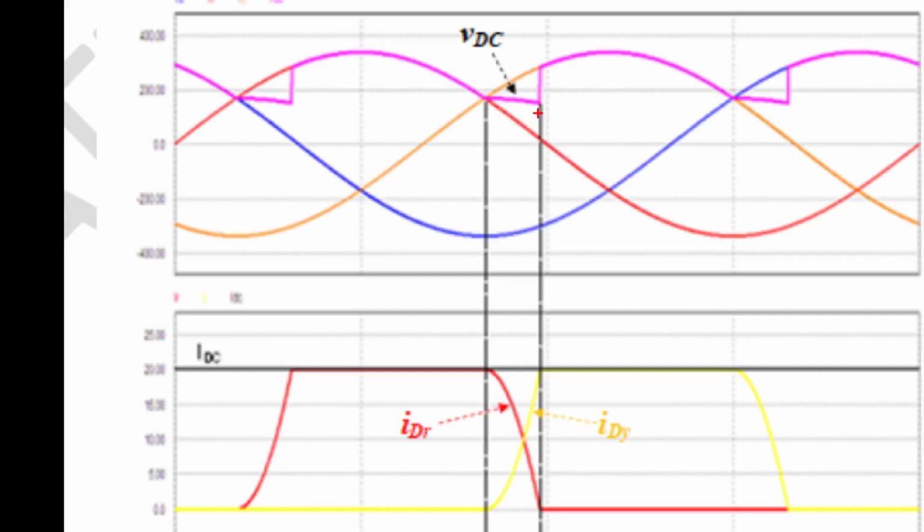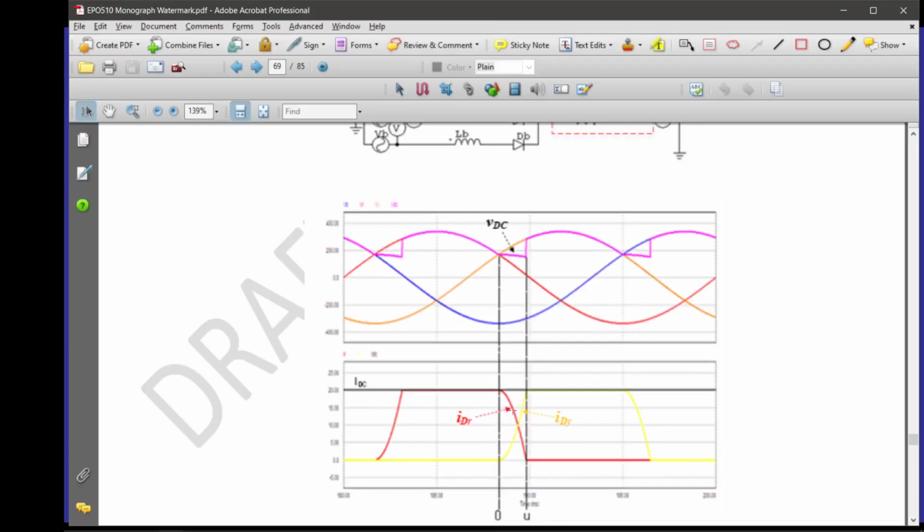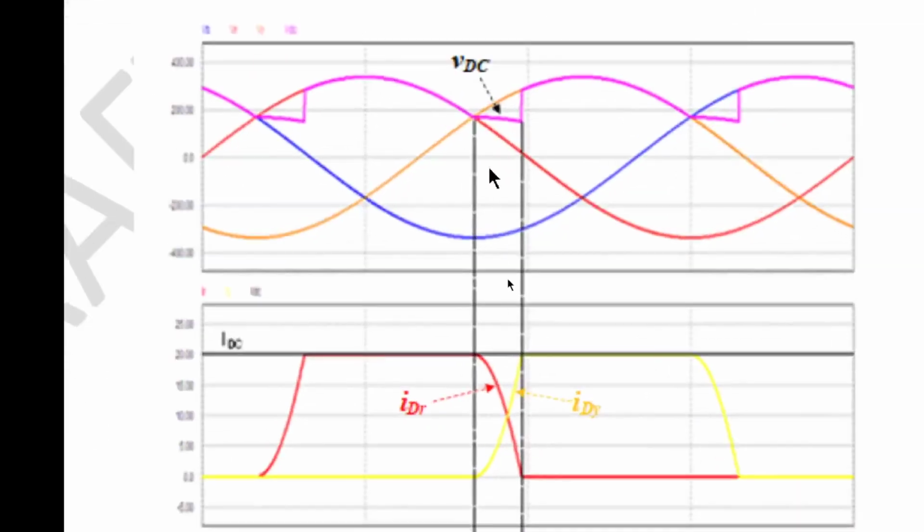This pink voltage runs in the middle between the two waveforms. By observation, we can see clearly that the waveform runs in between the two phase voltages, red phase and yellow phase. It is sort of the average between the two waveforms, isn't it?